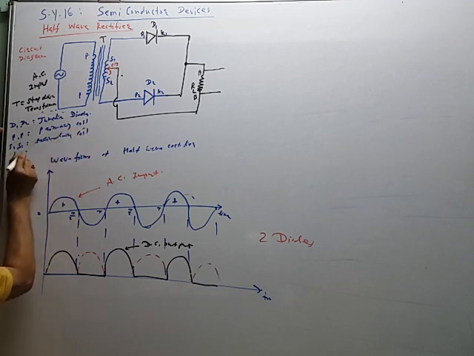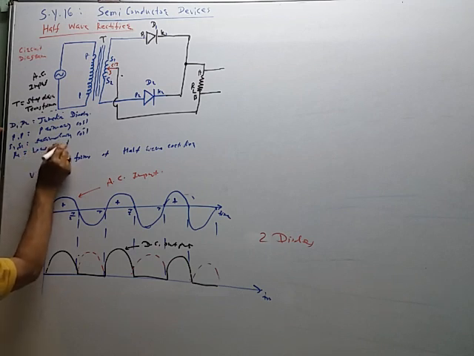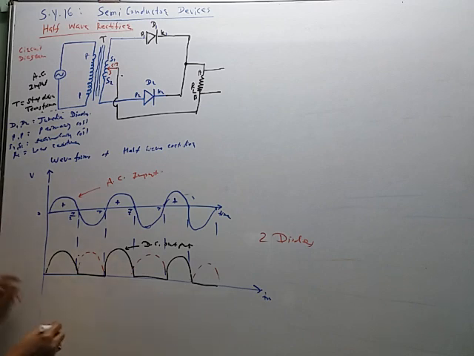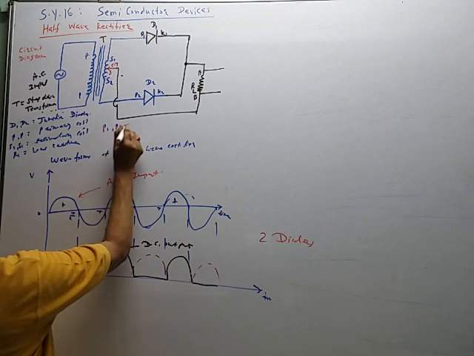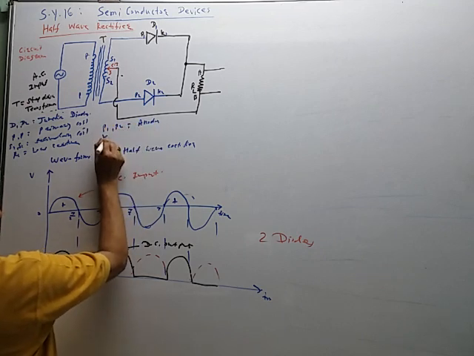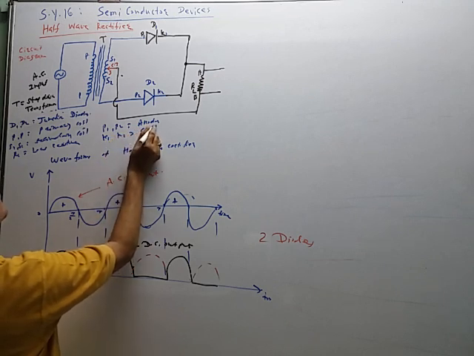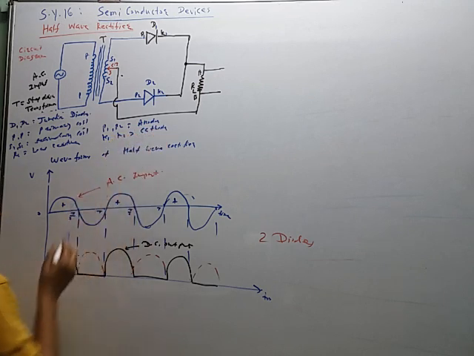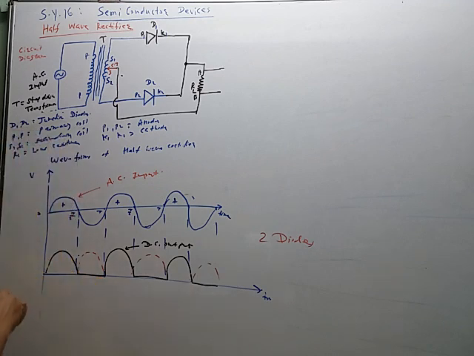RL is a load resistance. P1, P2 anodes, K1, K2 cathodes, and S is a center tapping.